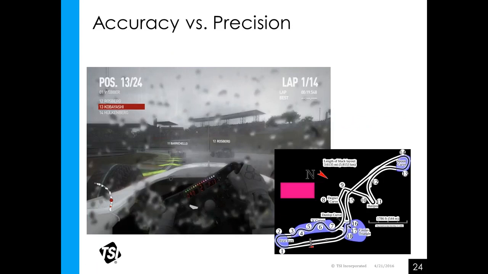Number 2, he's negotiated the track completely, which means he's accurate. He made all the right moves. He got all through 18 turns properly. The reason he's in position number 13 is he probably wasn't very precise in the way he entered and came out of each one of those 18 turns. So there is a measurable, there is a visual difference between accuracy and precision.